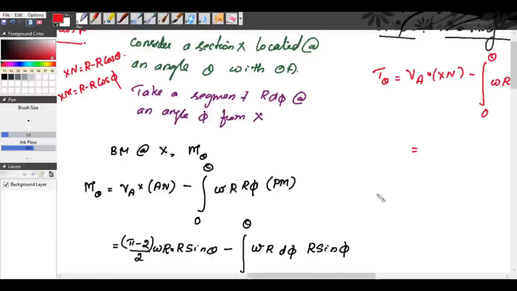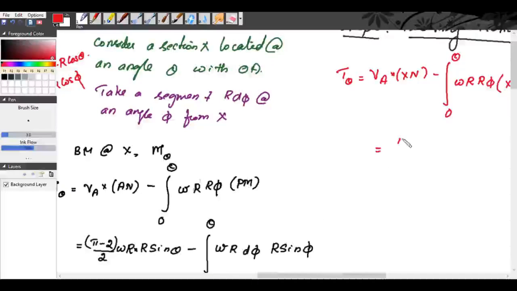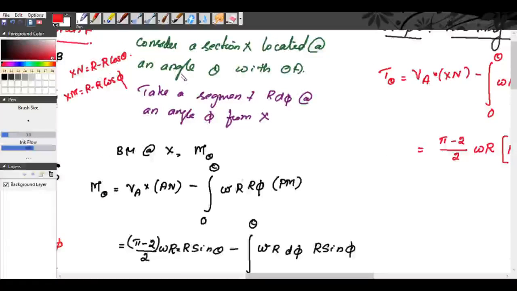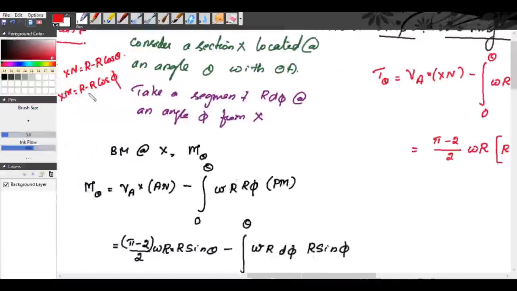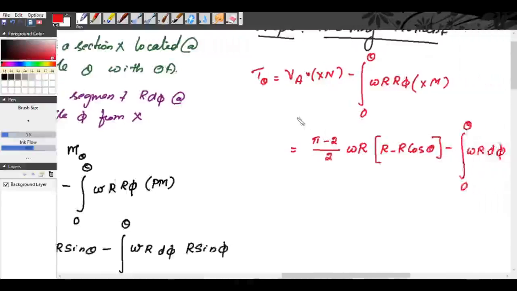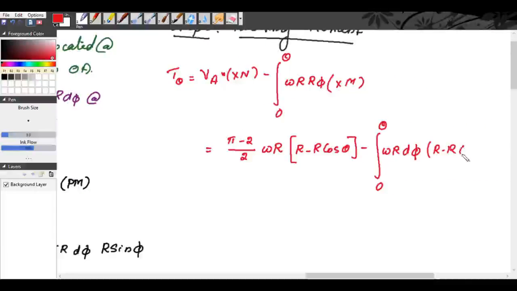VA is (pi minus 2) by 2 WR into, what is XN? R minus R cos theta, minus integration of 0 to theta WR into d phi into XM. XM is R minus R cos phi.